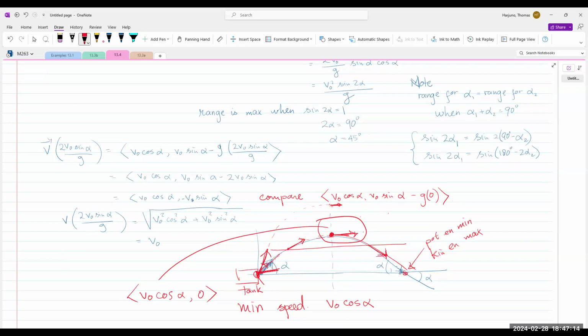Notice that a tank is constructed as a surface-to-surface weapon. A tank is usually not used when you need to shoot something in the air, and usually not something on the sea either. You use a tank to shoot something from the surface to the surface.